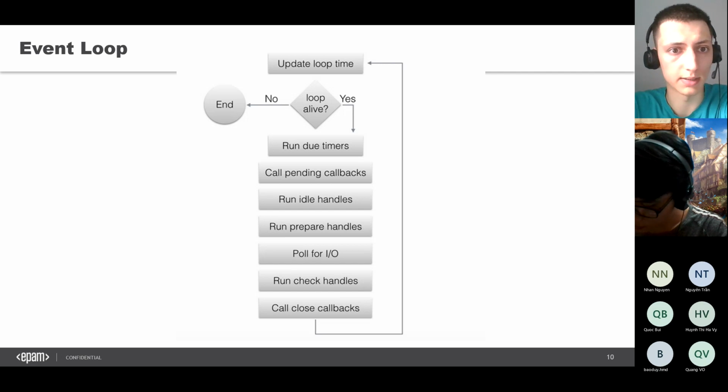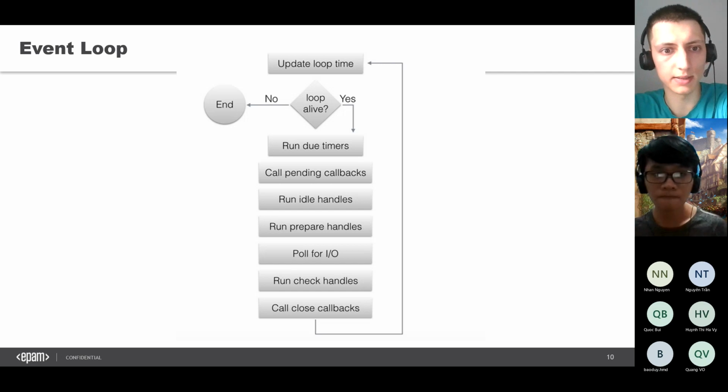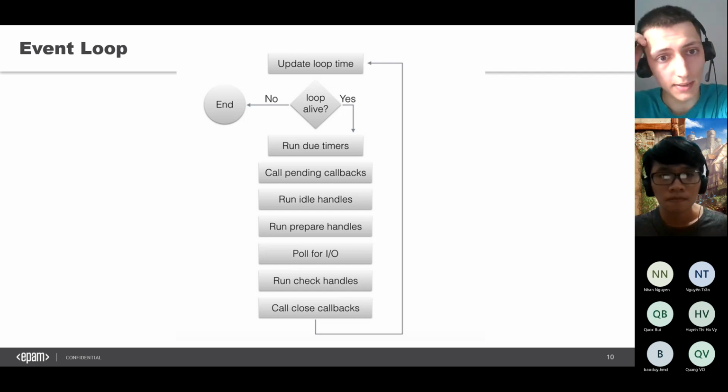If there is something, it will execute it, and after that it will go to the next phase, pending callbacks, and the same thing for idle handlers and so on.